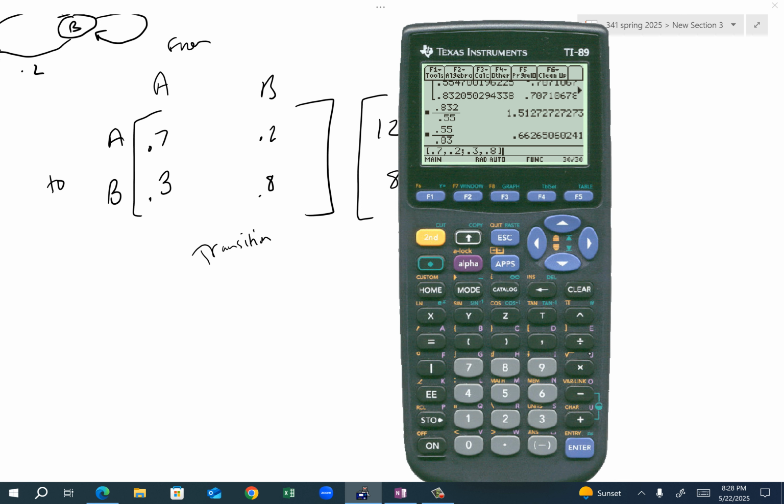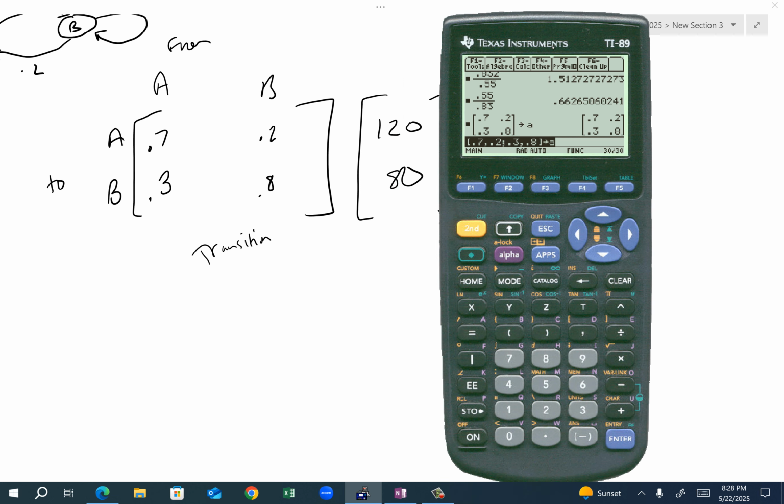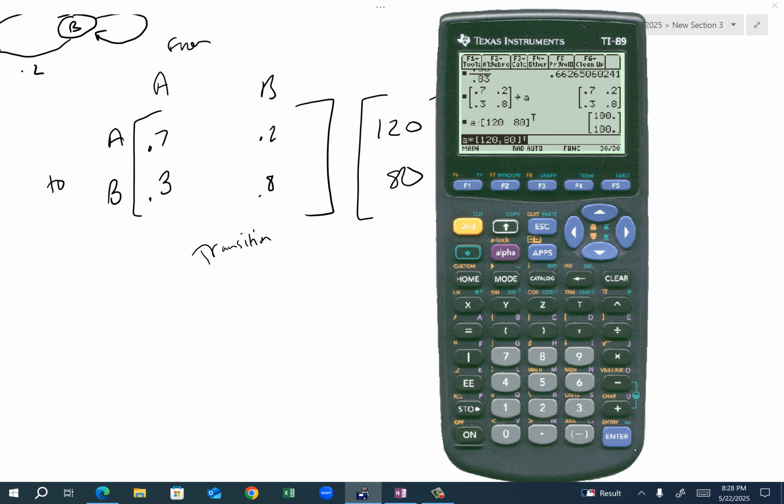So I'm going to store this as A just for fun, and then I'm going to take A times the initial state vector, which is 120, 80. And then I'm going to transpose that. I just think it's easier to put it in thusly. And I get 100, 100.